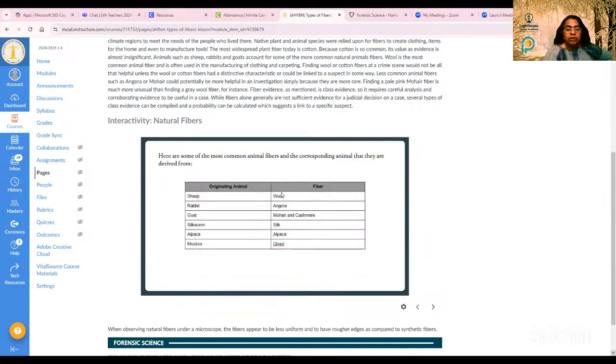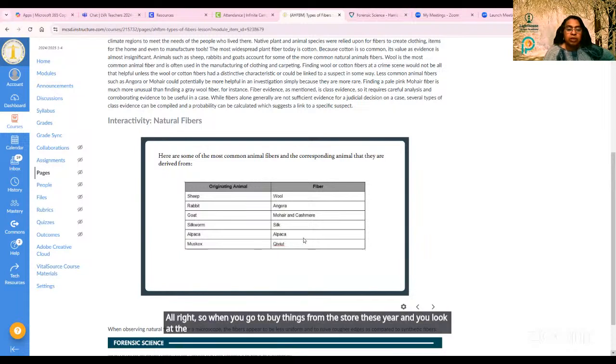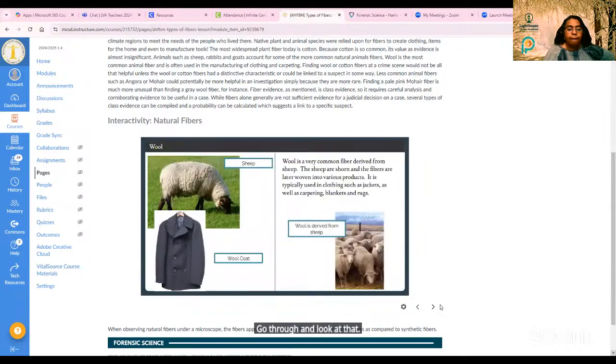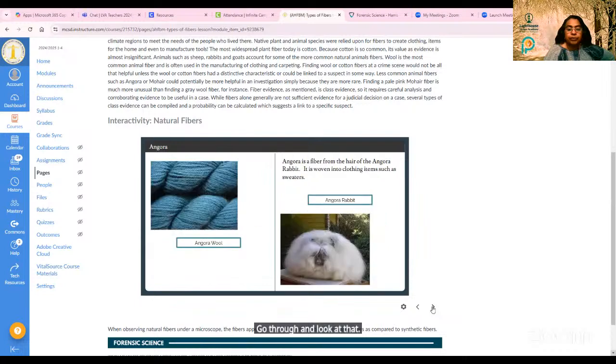All right, so when you go to buy things from the store and you look at the fiber label, these are the things that will be on the label, and these are the animals that they came from. So look at those. Go through and look at that. That's a funny looking rabbit.